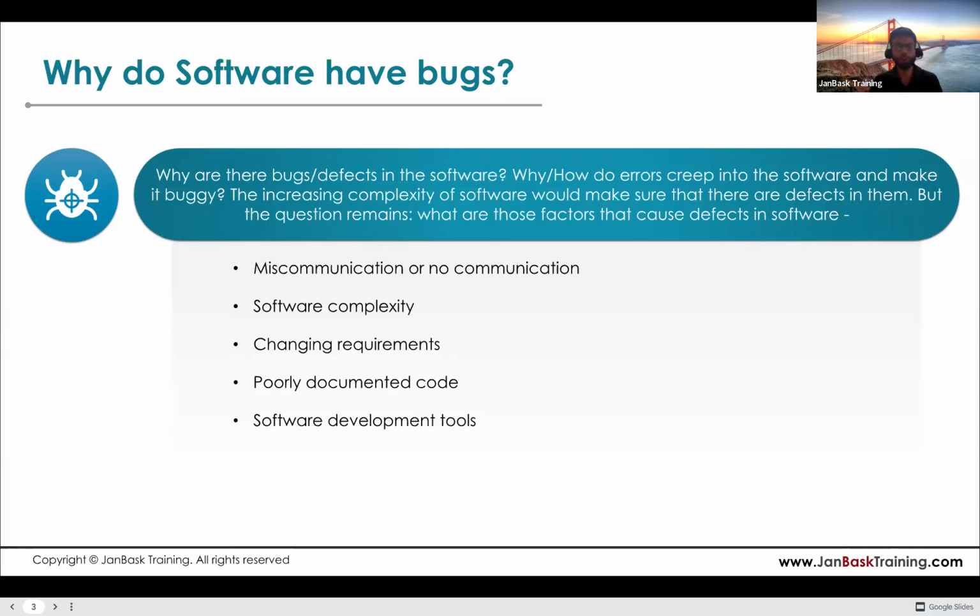Now the fourth one is poorly documented code. How could this be a reason of the software having bugs? Suppose we have a release, and for that release we have received a requirement.